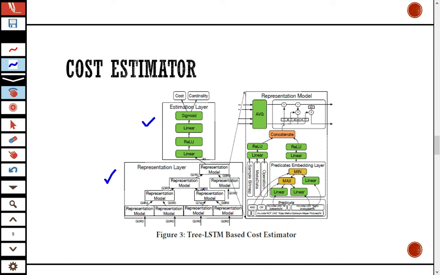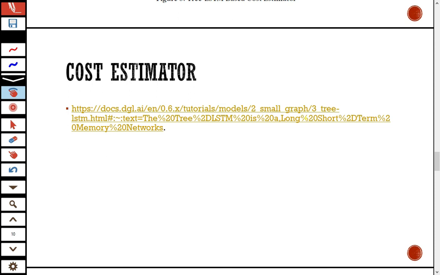The nodes of the tree LSTM inside of the representation layer are propagated by a representation model from bottom to top. And the topmost node is the most optimized estimated model. And this model is sent to the estimation layer to return the cost and cardinality of the query. If you want to know more about LSTM or the long short-term memory, you can check out this website.